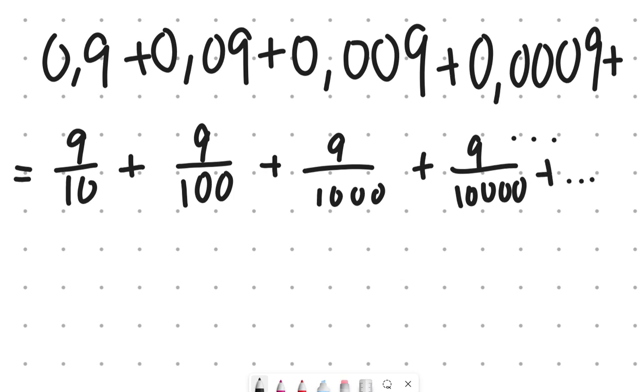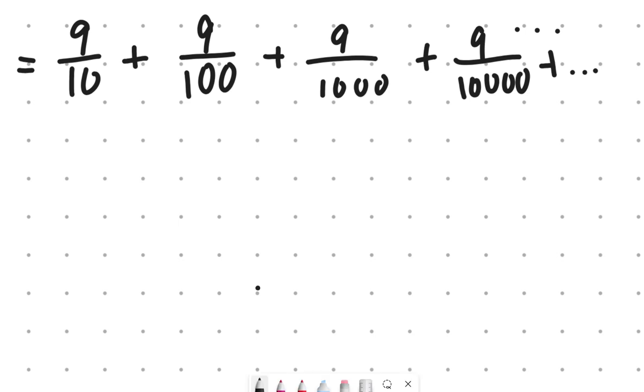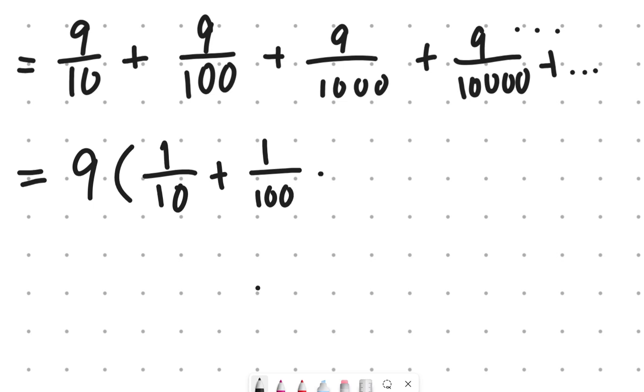And so on. Now for every single number we have, we see that the zeros are always getting added to the 10, the 100, and the thousands. So what we can do is demonstrate it as an exponent. But before we do it, we can take the 9 out of all of the fractions and say that it's 9 times 1 over 10 plus 1 over 100 plus 1 over 1000 and so on.